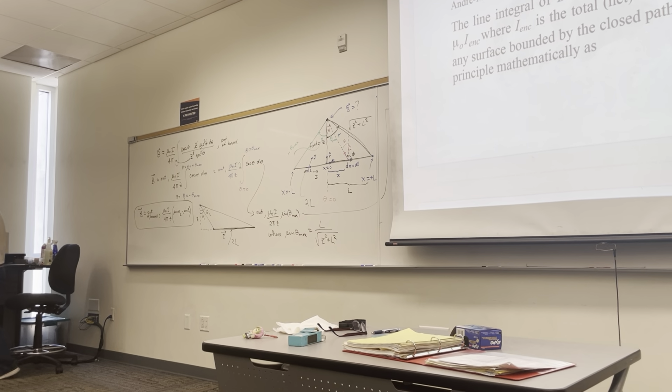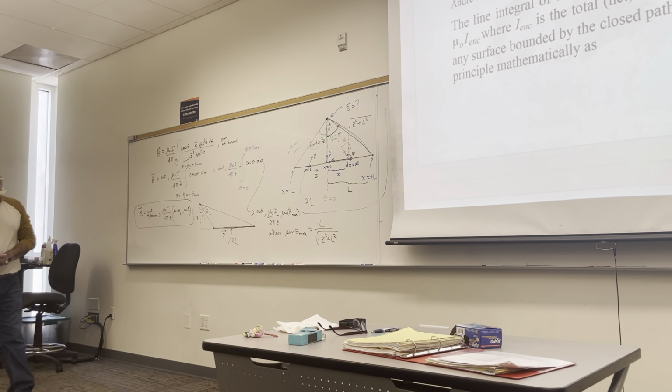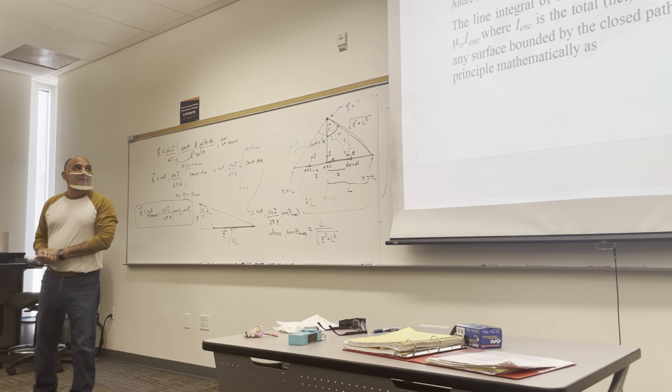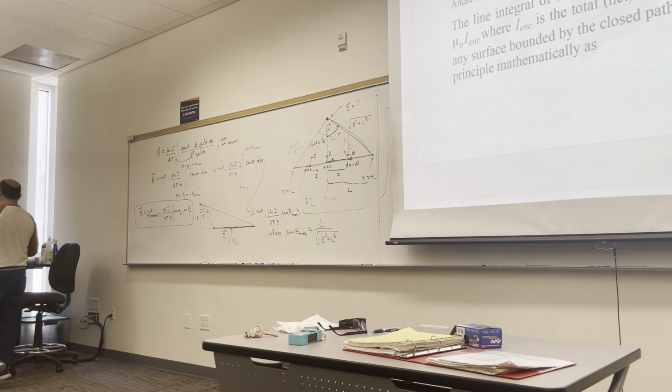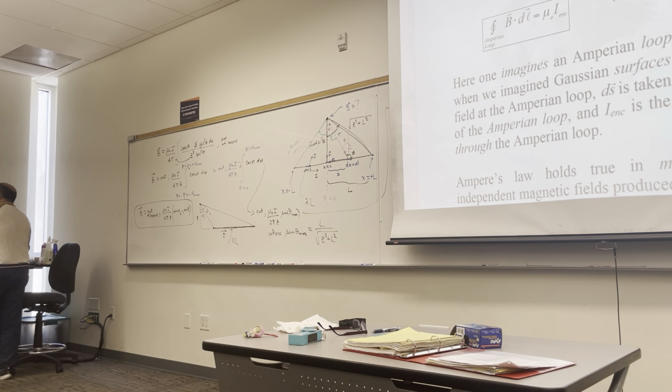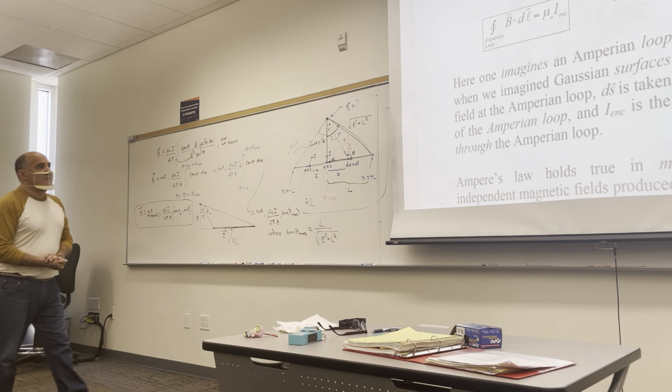So here's Ampere's law, right? That just says when he lived. This guy was born one year before, he was one year old when the US declared its independence from Britain. So Ampere's law is that. You consider an integral.